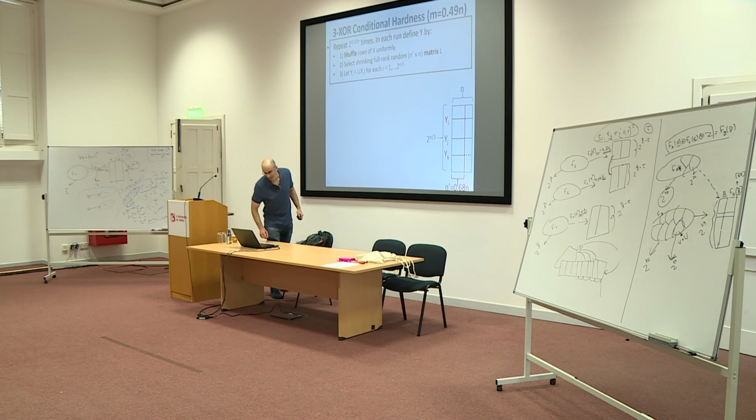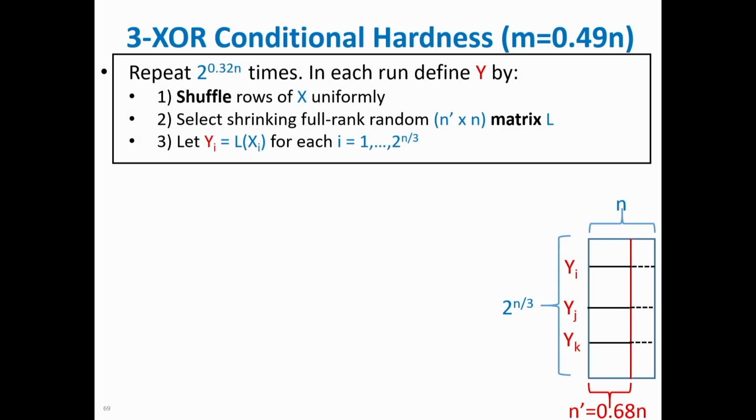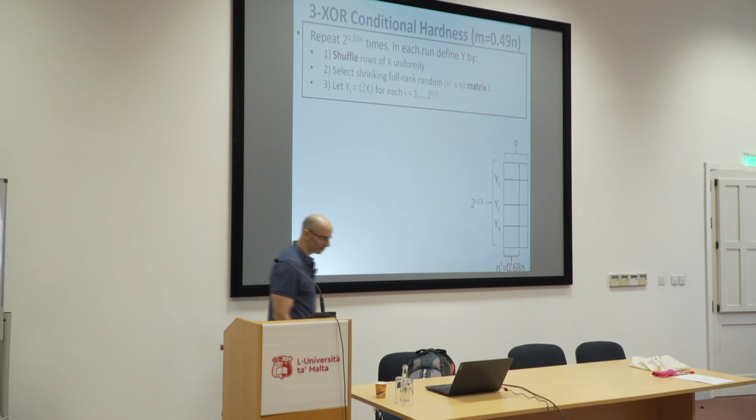We apply it to each row independently, and that's how we get this thin matrix Y.